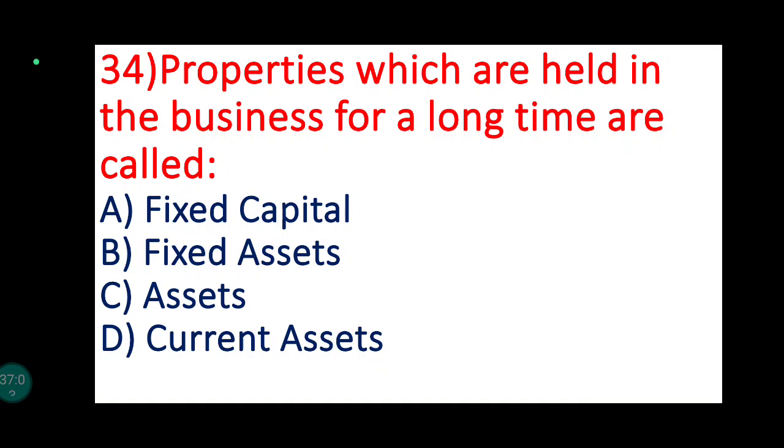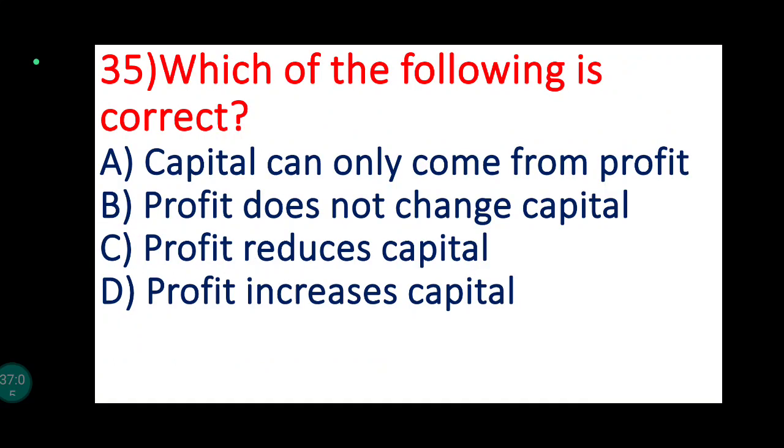Okay. See, I am not reading each time other options, otherwise length of the video will be more. Okay. So you can just pause, you can just consider, read other options as well for better understanding.